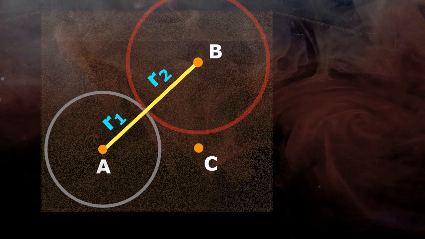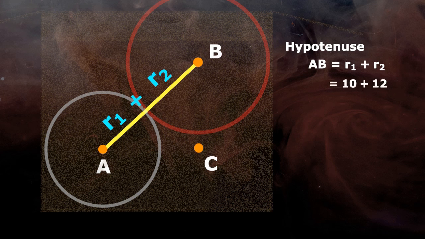So in our case, the hypotenuse is the summation of the radii of both balls. The radii of the football and basketball are given in the problem statement, that is 10 centimeter and 12 centimeter respectively. So the hypotenuse is 10 plus 12 equals 22 centimeter.